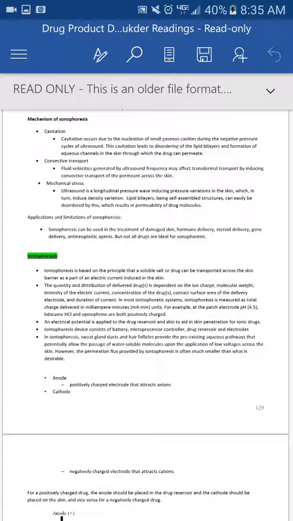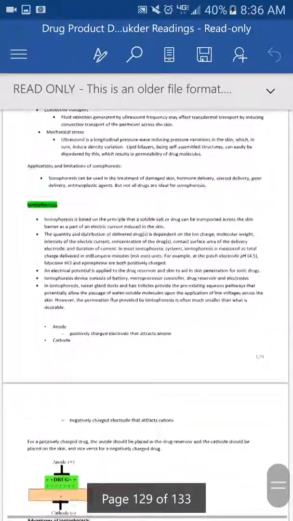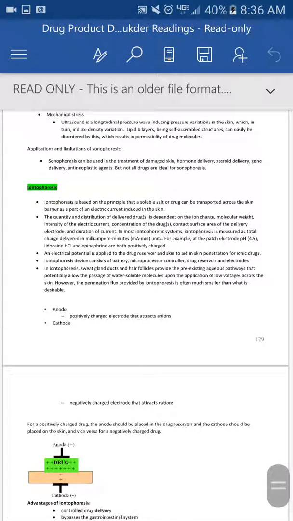Convective transport: fluid velocities generated by ultrasound frequency may affect transdermal transport by inducing convective transport of the permeant across the skin. Mechanical stress: the ultrasound itself is a longitudinal pressure wave that forces lipids to disorder and take up the drug.